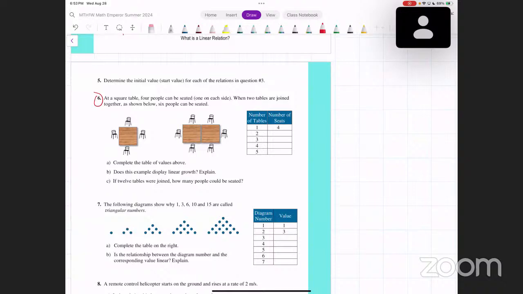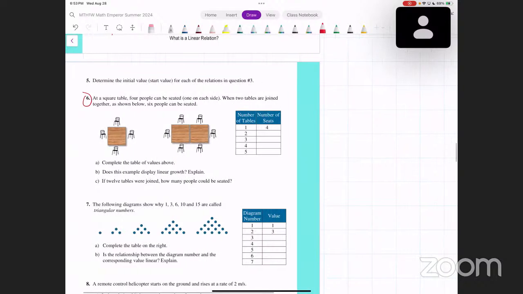Tavan, are you here? Tavan? Yeah. Okay. Is it a linear relation or non-linear relation, sir? Non-linear. All right. So you fill out the table. What's the second value here, Tavan? 6. What do you think the third one is?